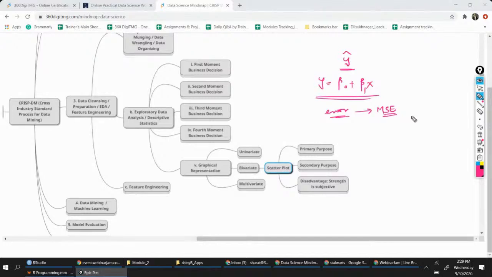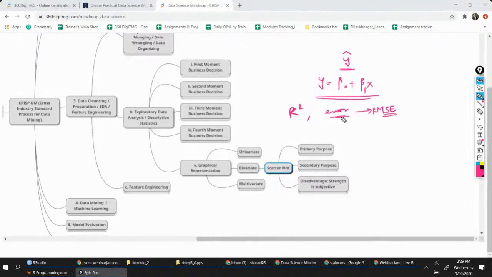Or you can also take the square root of this error so that we get the units back. So we use the RMSE calculation as the other metric to evaluate the model.